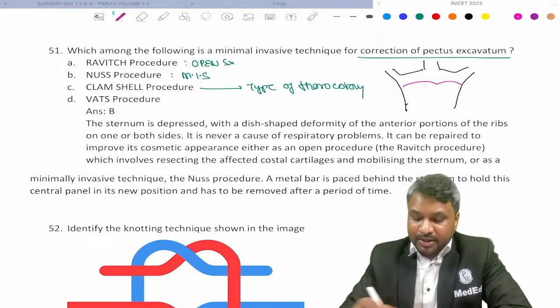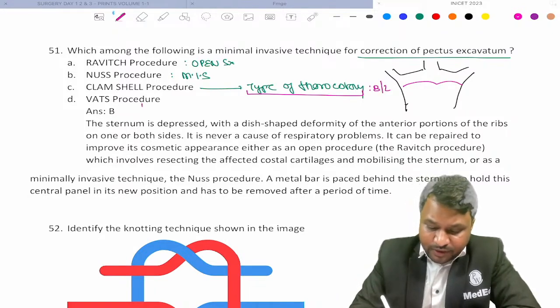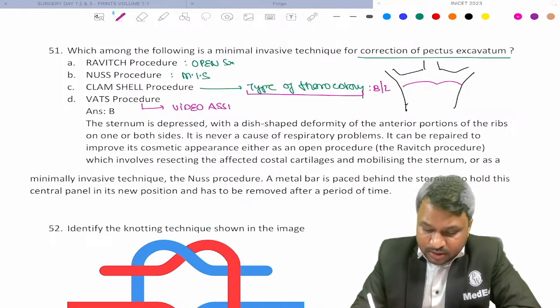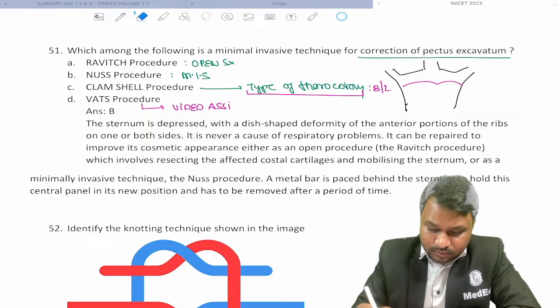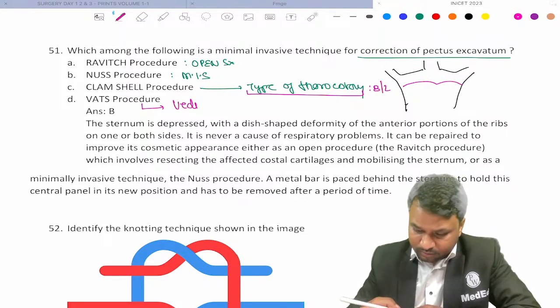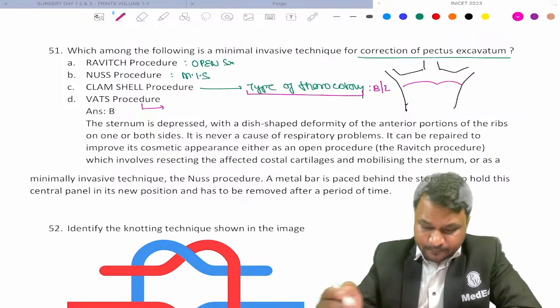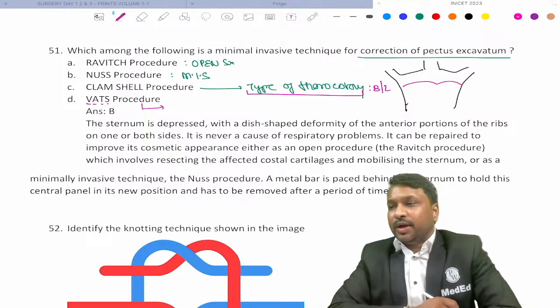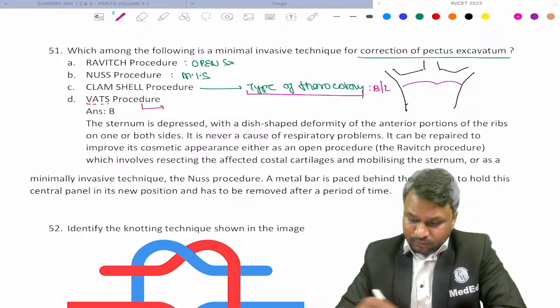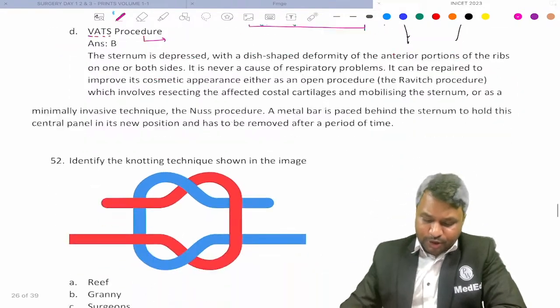So involving both sides, it's a bilateral thoracotomy. VATS stands for video assisted thoracic surgery. Okay. Now, the answer here is going to be the Nuss procedure.